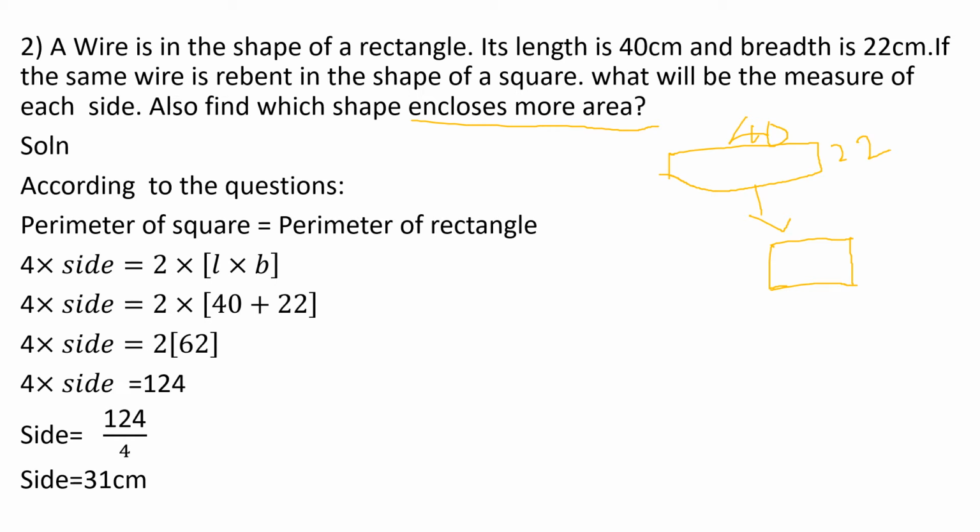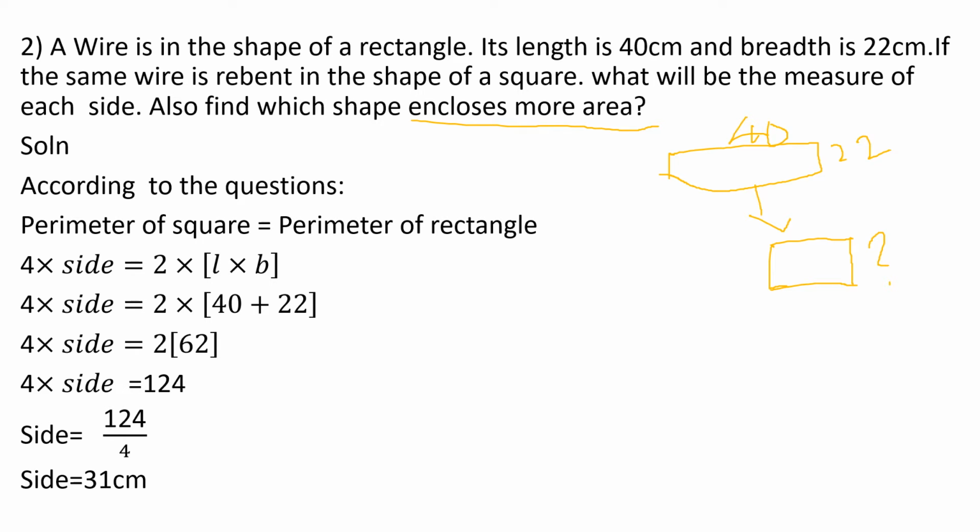Now they are asking find the measurement of side and we want to find whether the area of rectangle is more or whether the area of square is more. This we want to find out. What are the two things we want to find out? Whether the area of rectangle is greater or whether the area of square is greater. We want to find out from this figure.